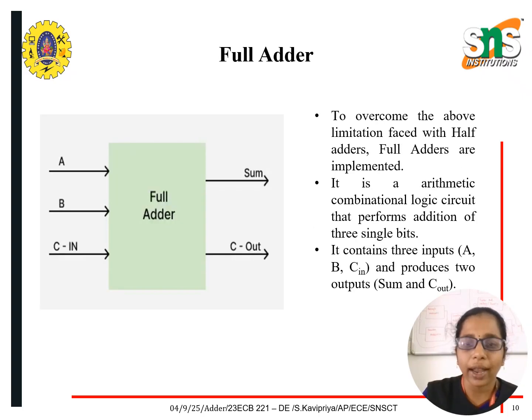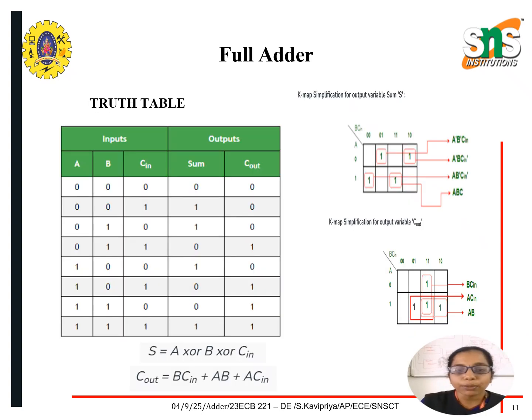And next is a full adder. The full adder is one which takes 3 bits as input and produces an output which is nothing but sum and carry. So the inputs are taken as A, B and C in, and the output is sum and carry. The sum will be 1 when input combinations are 001, 010, 100 and 111, whereas carry will be 1 when input combinations are 011, 101, 110 and 111.